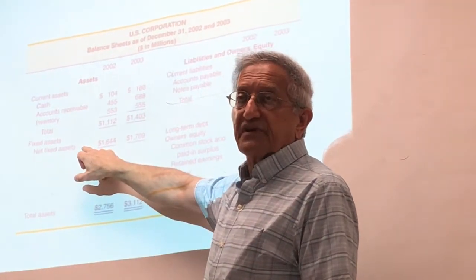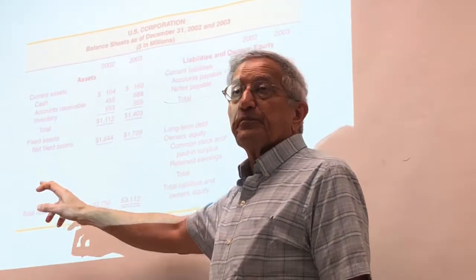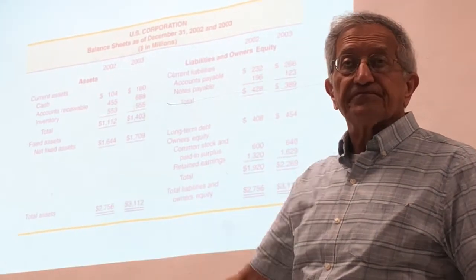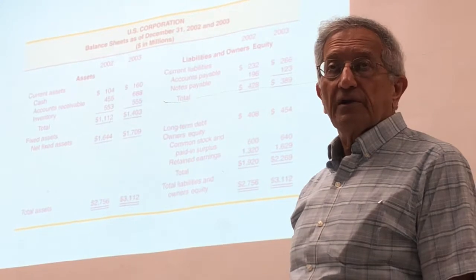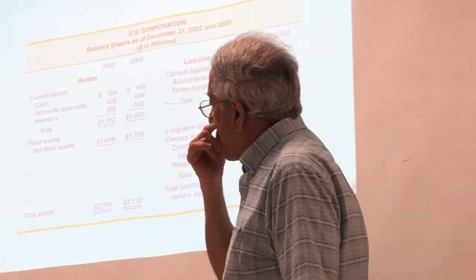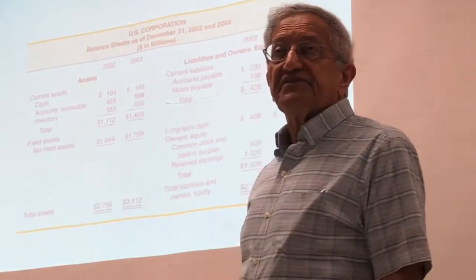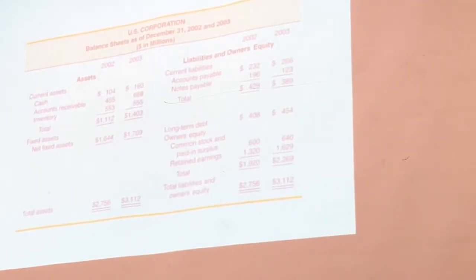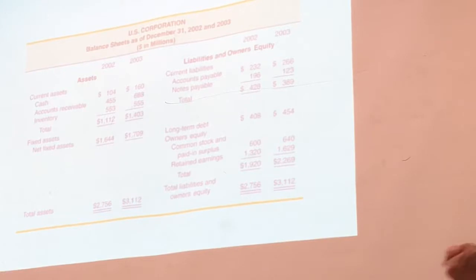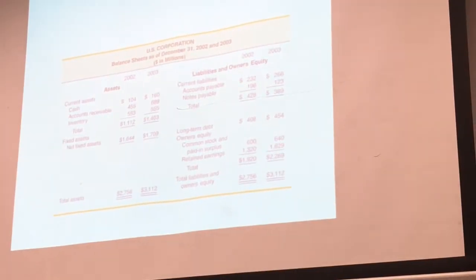These are long-term assets, fixed assets. You may see property, plant, equipment. Fixed assets, life is more than a year, okay? Life is more than a year. And these are net fixed assets, net of depreciation. Okay? So this is something you may want to remember. Gross fixed assets.